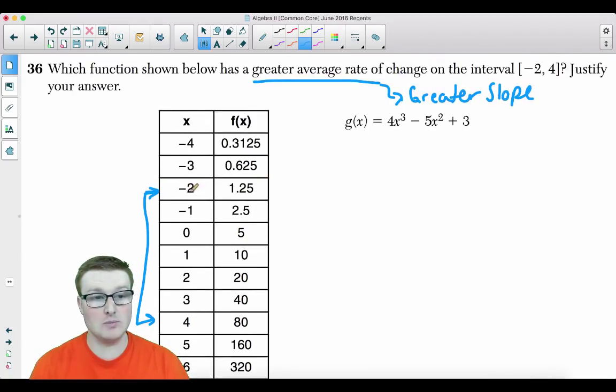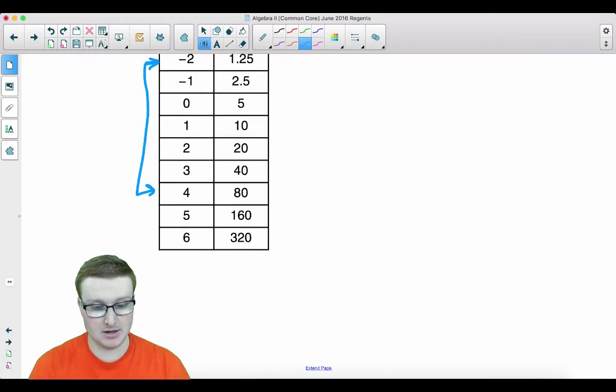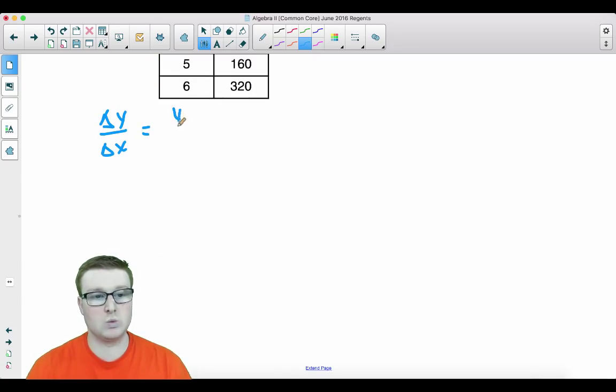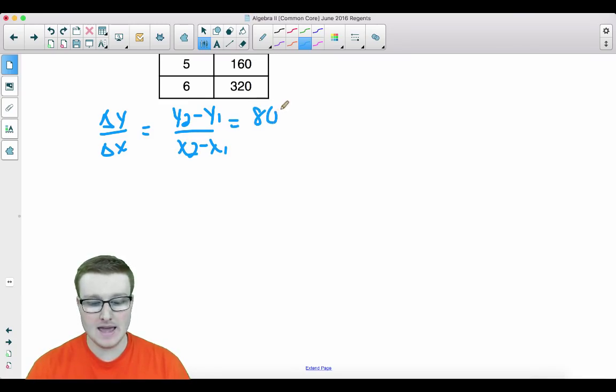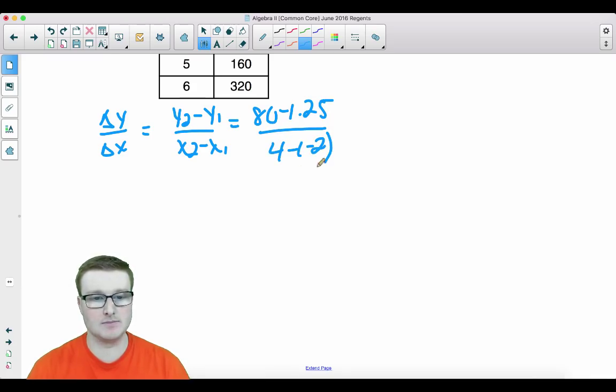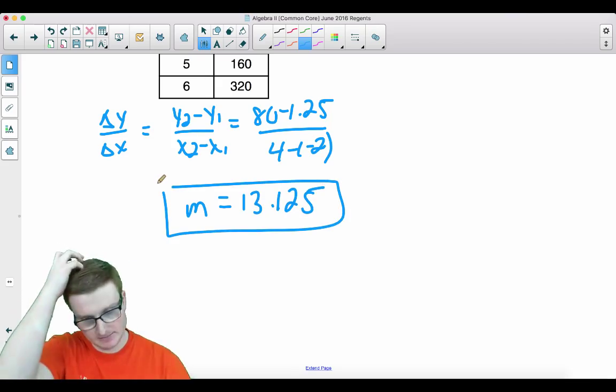So to find the slope of the f of x function, remember, change in y over the change in x, which is your slope formula, which is y2 minus y1 over x2 minus x1. You get 80 minus 1.25 over 4 minus a -2. Your slope is 13.125 when you evaluate that fraction.